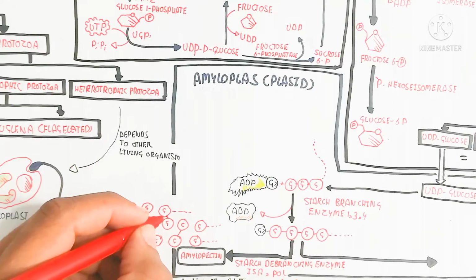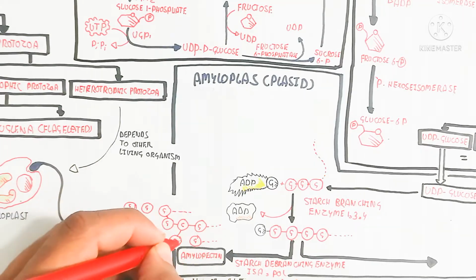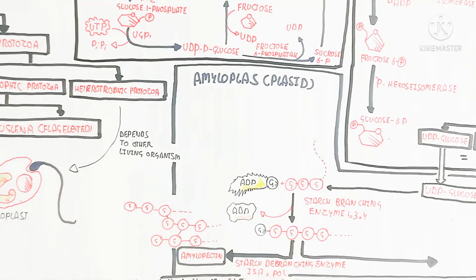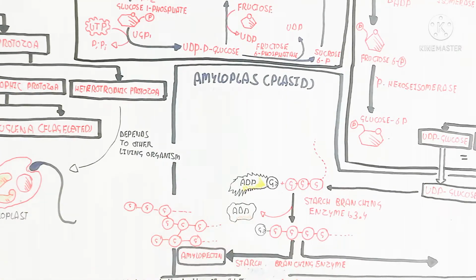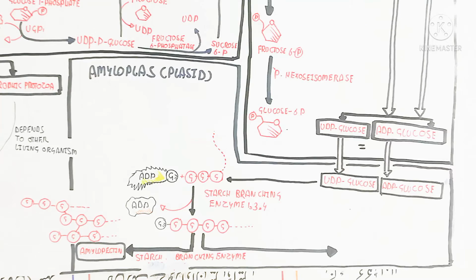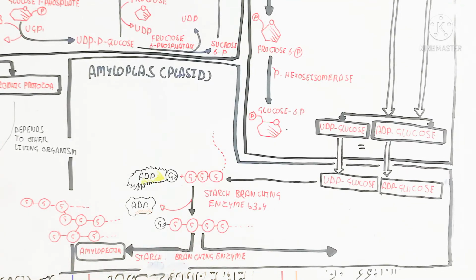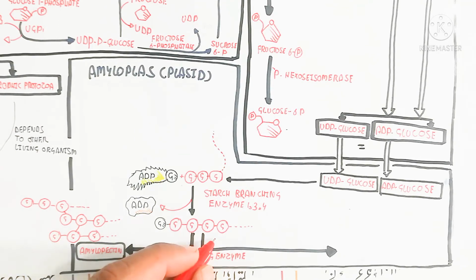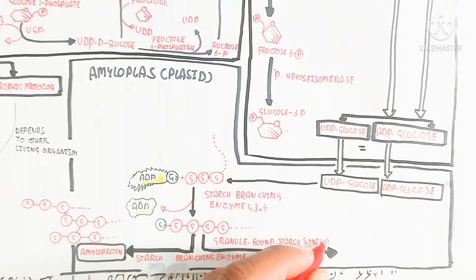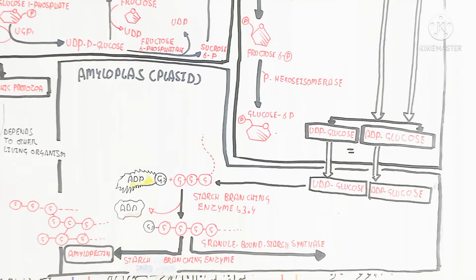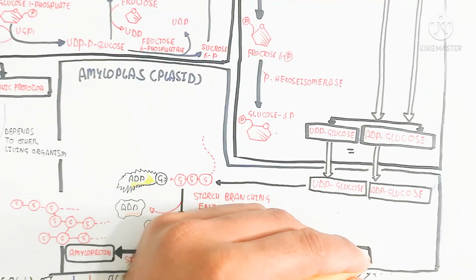On the other hand, the granule-bound starch synthase enzyme is used for the formation of granules. A little granule is formed, stored in the amyloplast, and grows more and more.